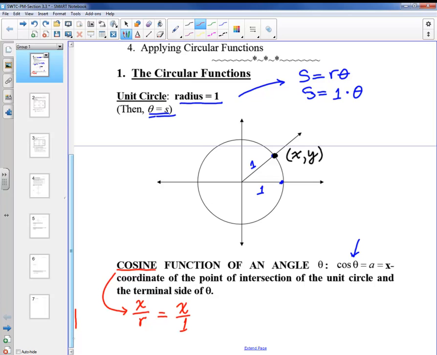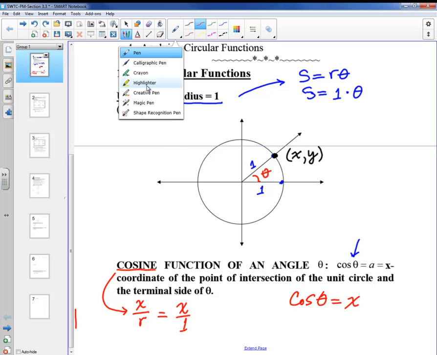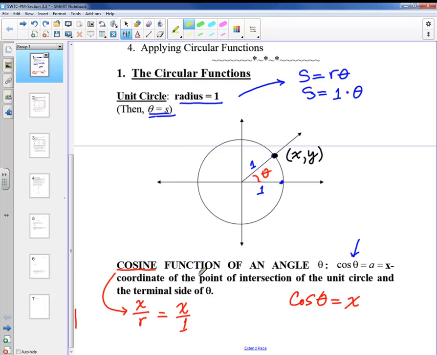So when we are in the context of the unit circle, we can say that cosine of that angle theta, and here is that angle theta right there, will be just X. And X is the X coordinate of the point of intersection of the unit circle and the terminal side.